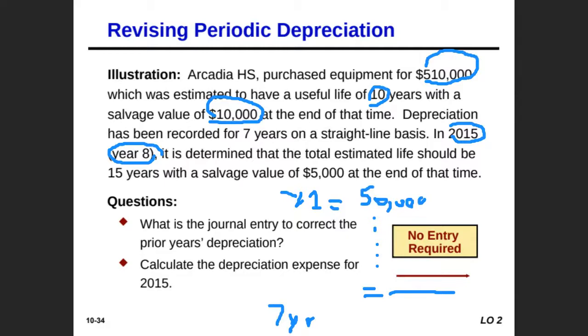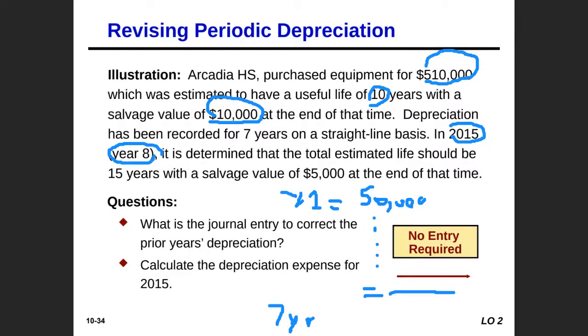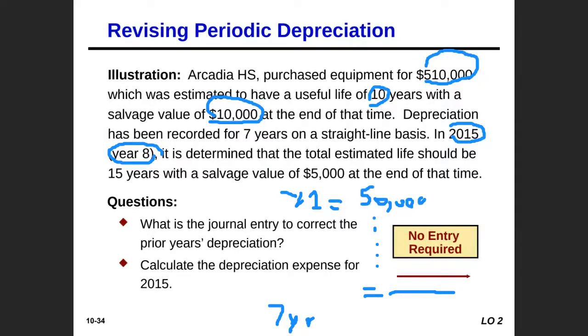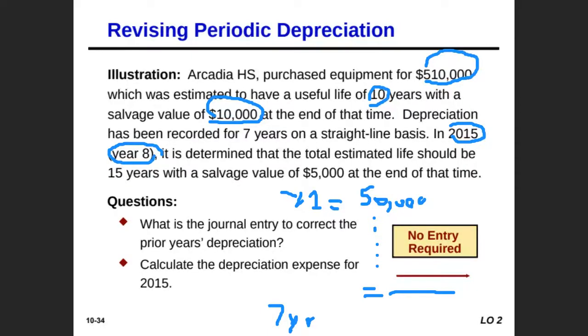So 7-year total depreciation, or we call it accumulated depreciation, is 350,000. This is the total depreciation. What will be the book value after 7 years? Let's say today is 2015.